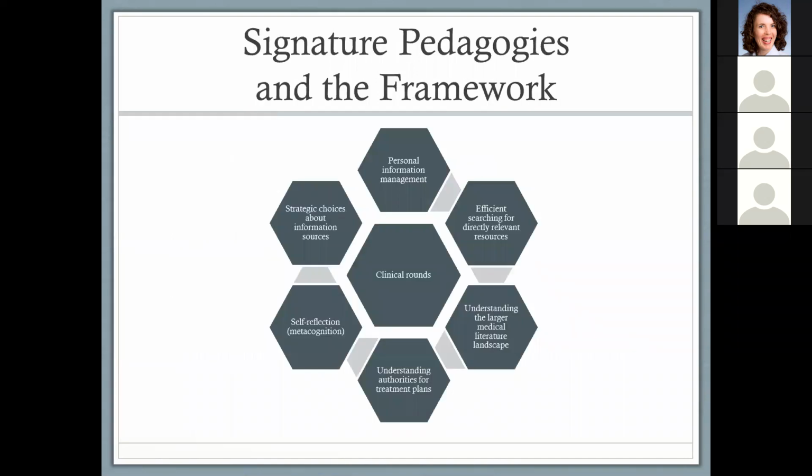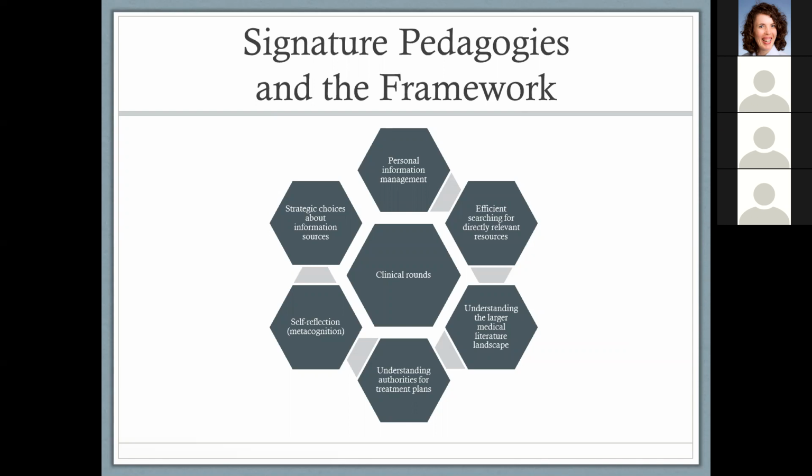So whenever I think about the framework and how it might support students in medical education, say, doing clinical rounds, I think you can look at the framework and begin to see how you can adapt it. Students who are doing clinical rounds have to be really expert and efficient in their use of time, and efficient in searching for directly relevant resources that will help them. Understanding the larger medical literature landscape as background would be really important. Understanding authorities for treatment plans would be really relevant in the clinical setting.